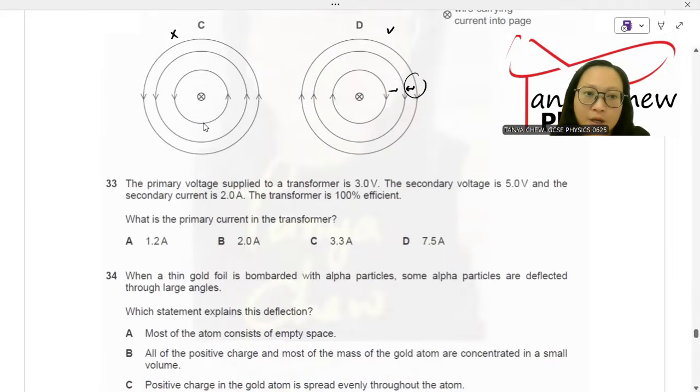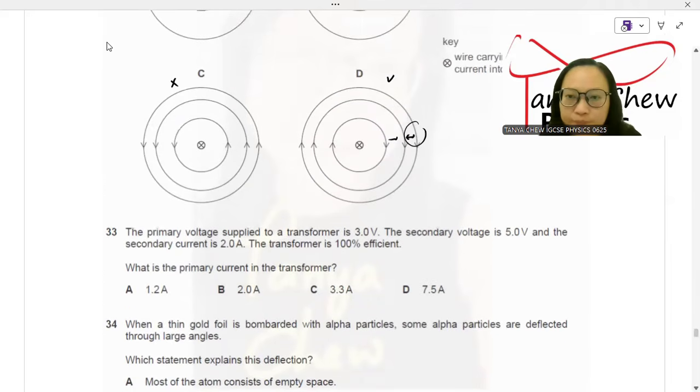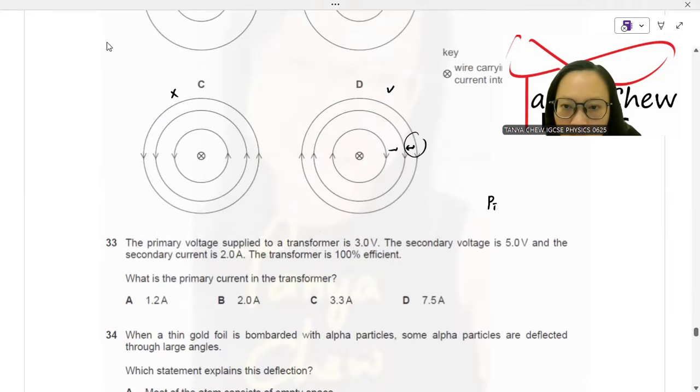Number 33, the primary voltage supplied to a transformer is 3 volt. The secondary voltage is 5 volt and the secondary current is 2 ampere. The transformer is 100% efficient. You see this word 100% efficient? It also means that the input power of the transformer must be equal to the output power of the transformer.